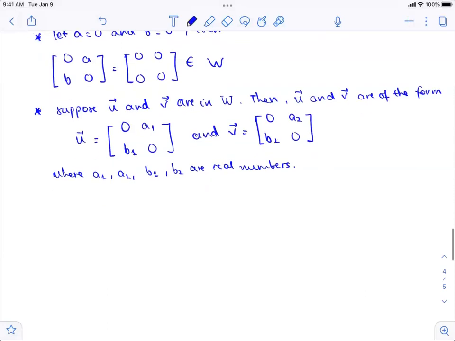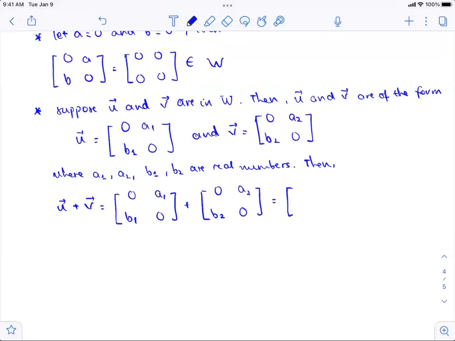Then we perform the matrix addition. U plus V is equal to [0, A1; B1, 0] plus [0, A2; B2, 0].